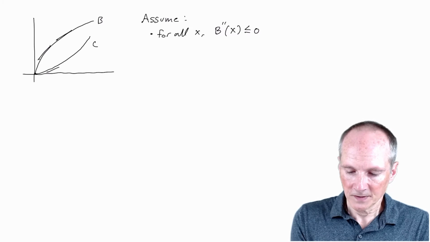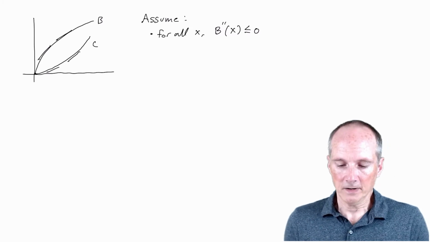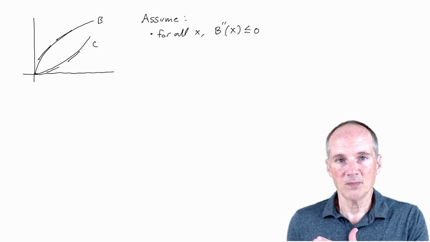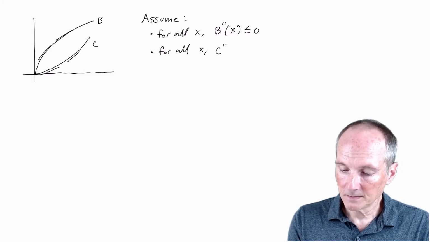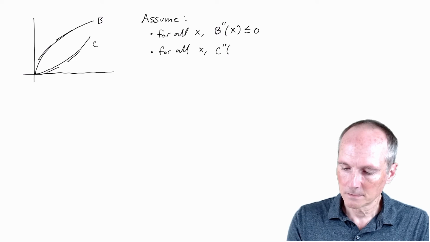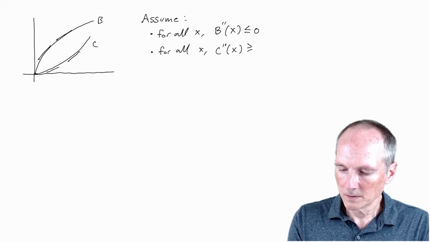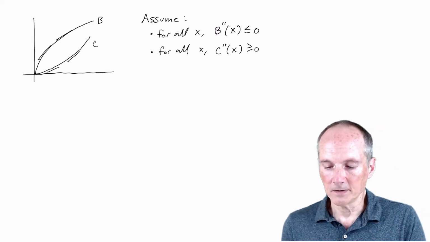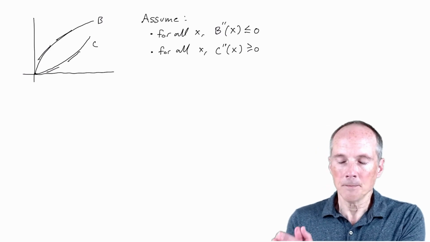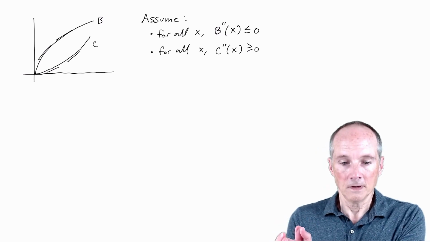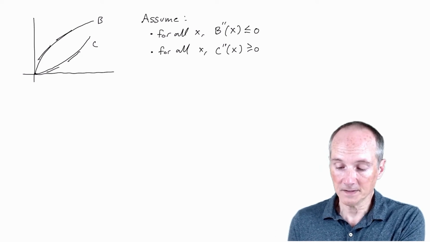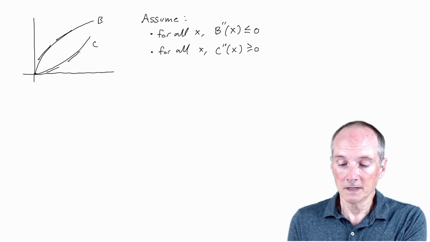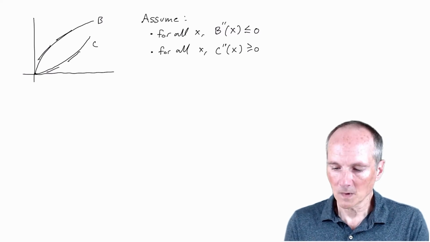For the cost function, the situation is kind of the opposite: as the scale increases, the slope is getting steeper, so the marginal cost is increasing, and so we say for all x, the derivative of marginal cost is positive. I'll write that with a weak inequality. So we're basically saying the derivative of the marginal benefit is negative, or at least not positive. The derivative of marginal cost is positive, or at least not negative.